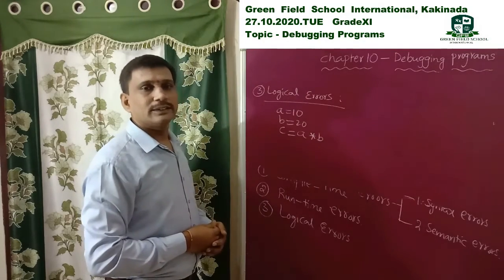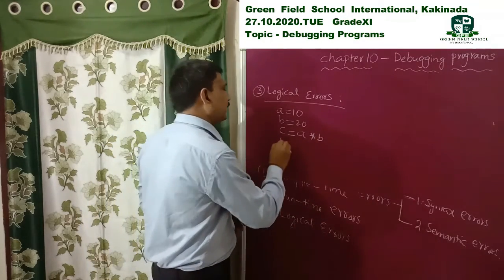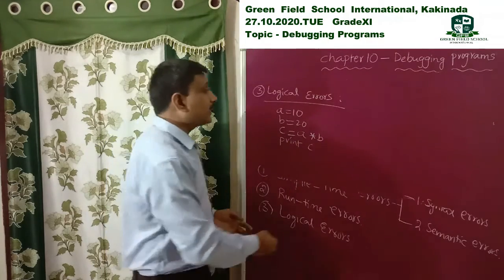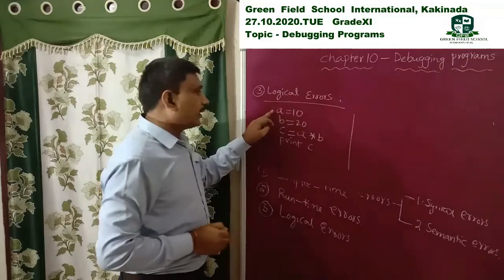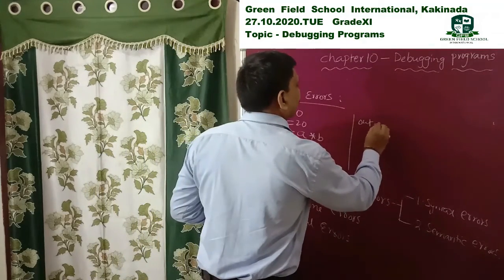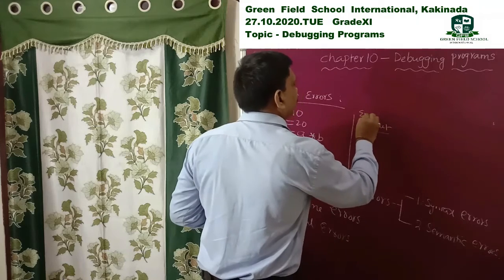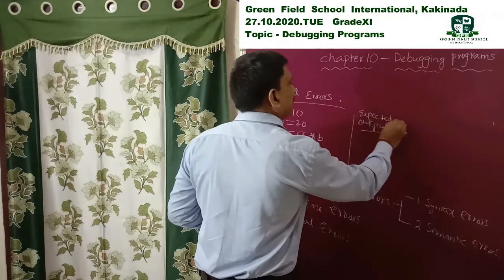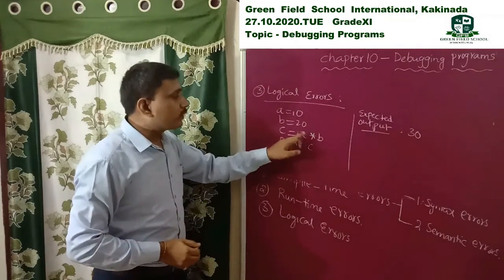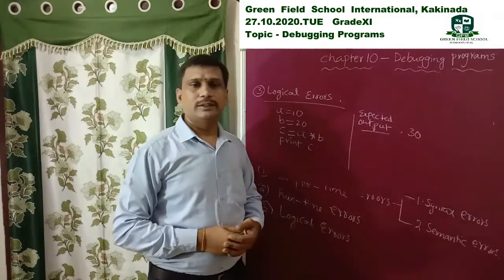Then print c. The expected output is 30, because 10 plus 20 is 30.